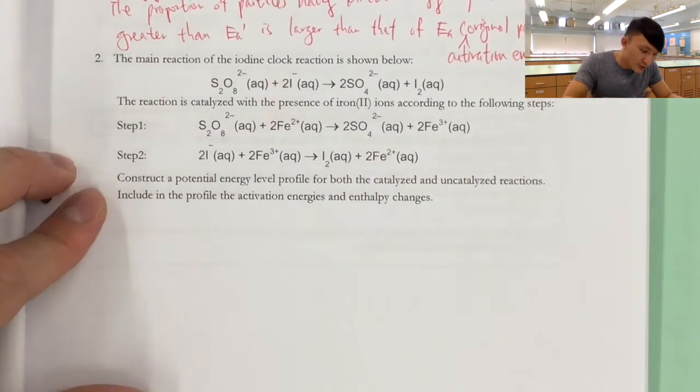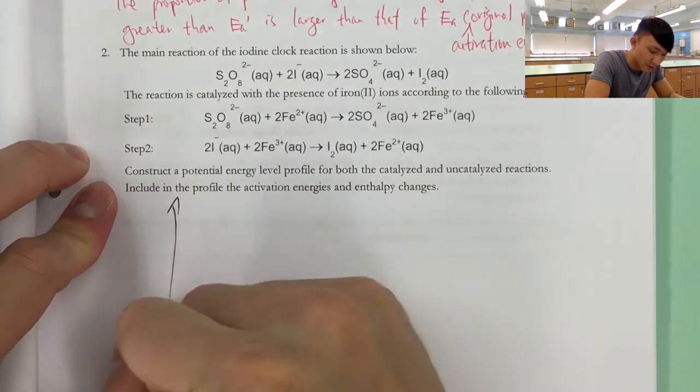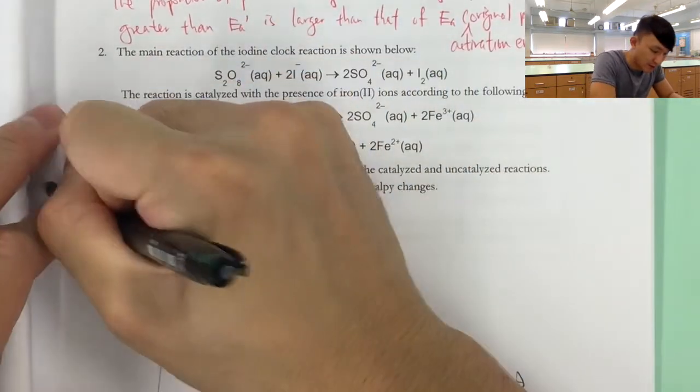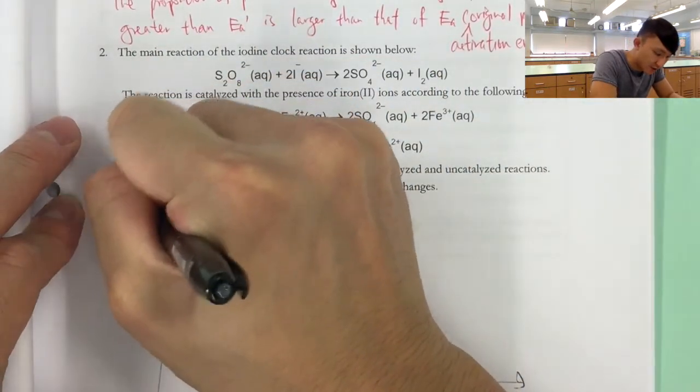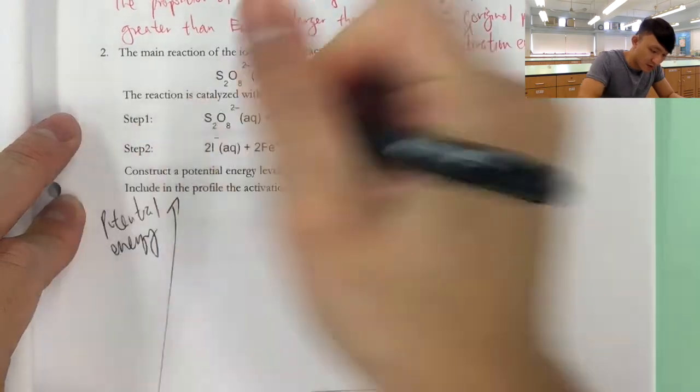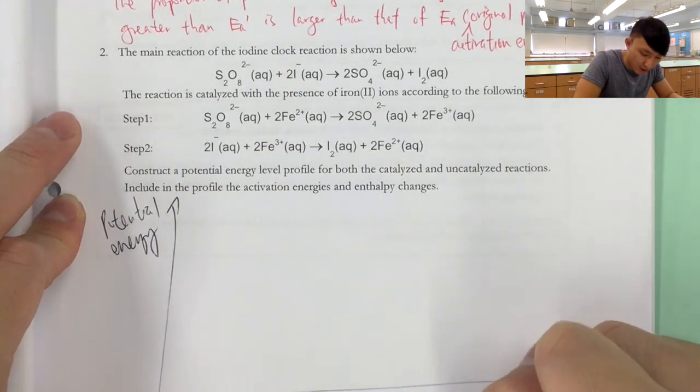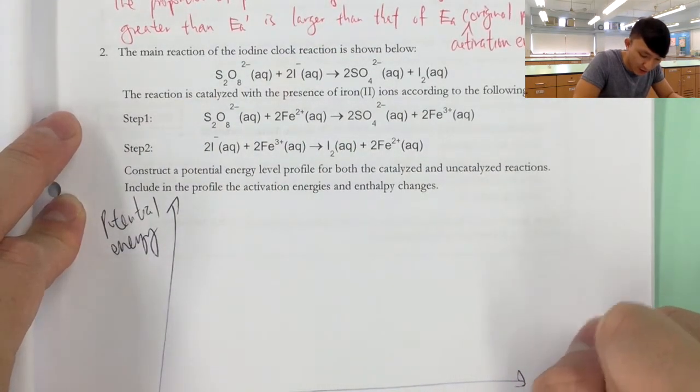So first of all, this is potential energy. Then we have the reaction pathway, the reaction coordinate.